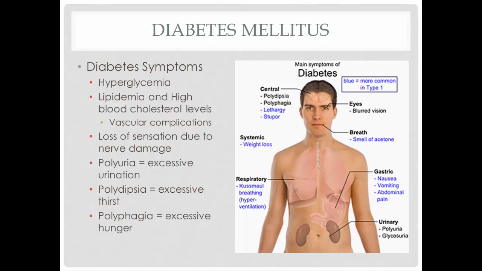Polydipsia, because since you're urinating so much, you're dehydrated, so you end up being thirsty. Polyphagia is excess hunger, because your cells aren't getting the sugar they need because they can't get it in, primarily with insulin-dependent or type 1 diabetes, and so you're always hungry, yet you're always thin because your cells aren't taking the sugar up.